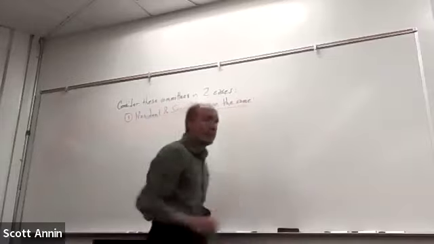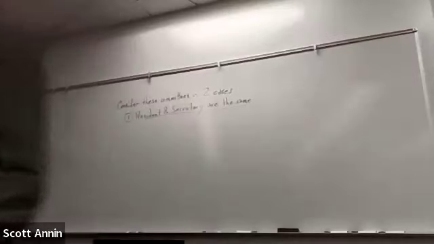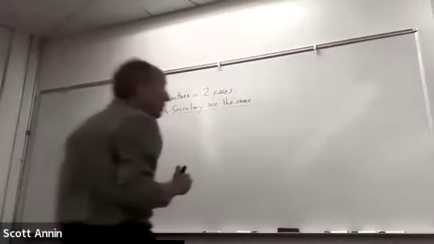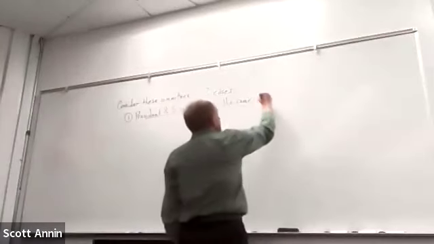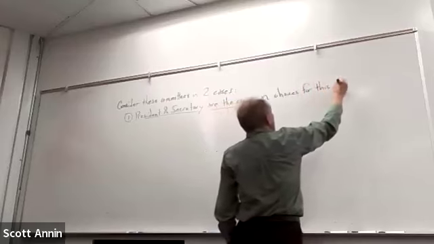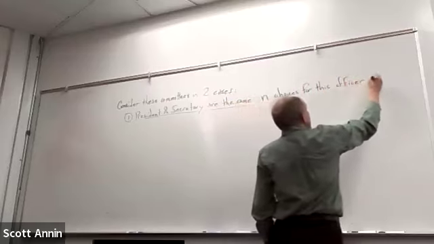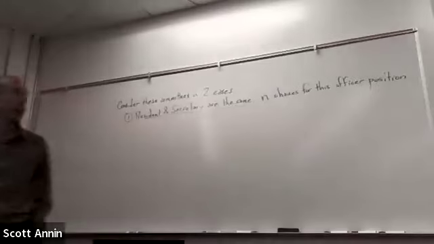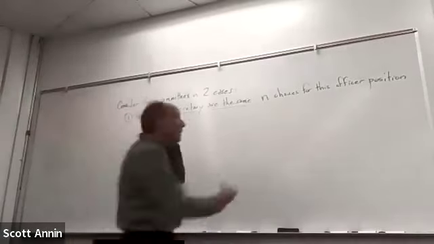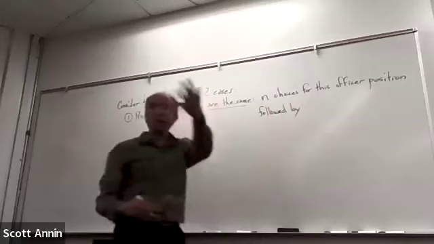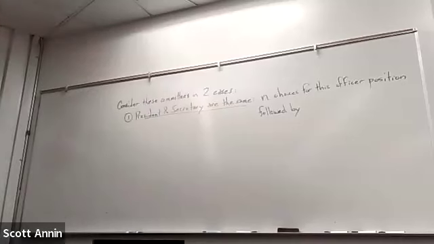So let's think about our choices here. How many choices are there for who that president and secretary would be? N, right? So N choices for this officer position. It's actually a double position, both the president and the secretary, followed by, once we've chosen that person, now everybody else in the room can either be added to the committee or left out of the committee.